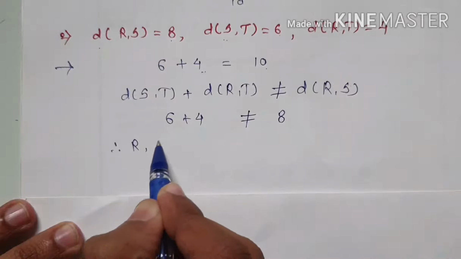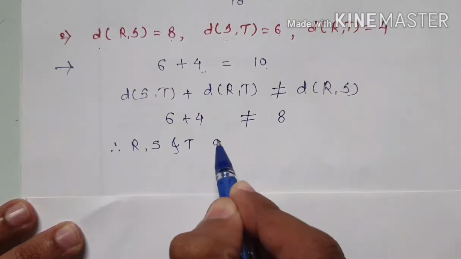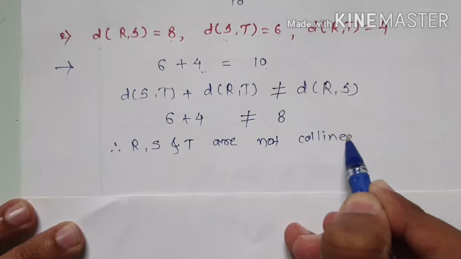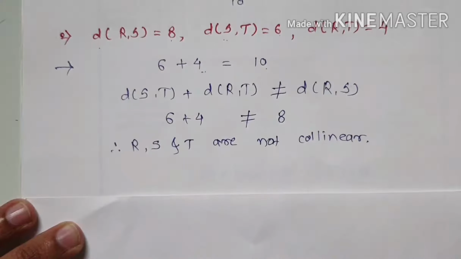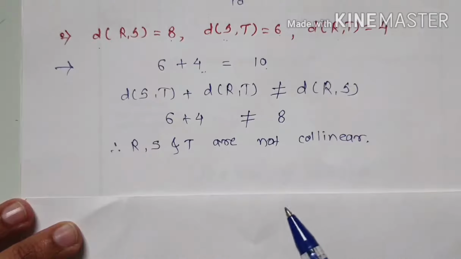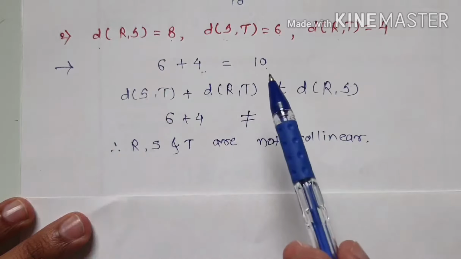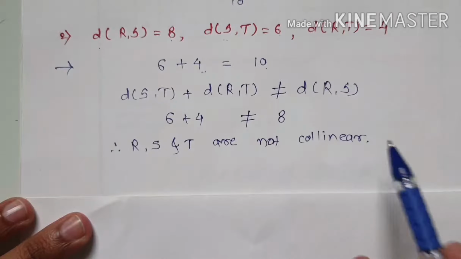Therefore points R, S and T are not collinear. And as these 3 points are not collinear, there must not be the relation of betweenness. So there is no point between the other two.